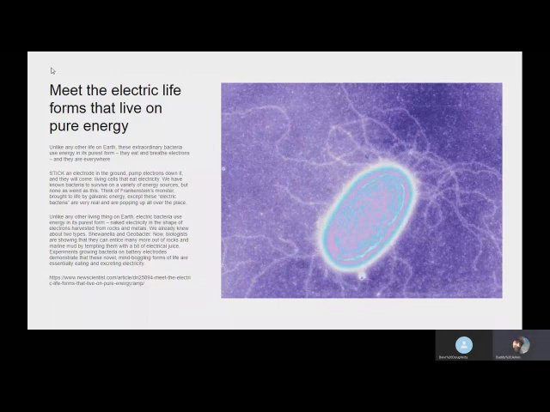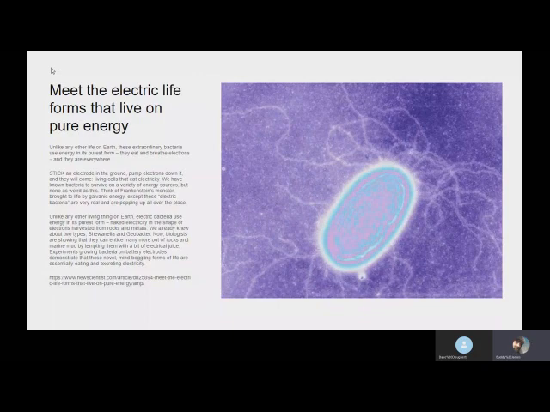They will come and be drawn to the electrode. We have known bacteria to survive on a variety of energy sources, but none as weird as this. Think of Frankenstein's monster brought to life by galvanic energy, except these electric bacteria are very real and are popping up all over the place.